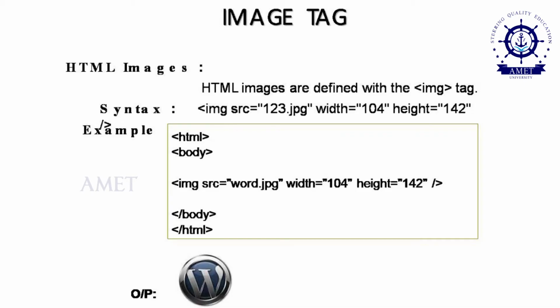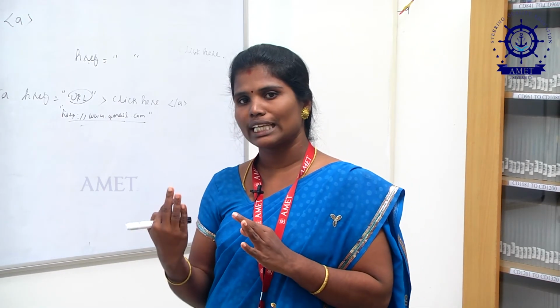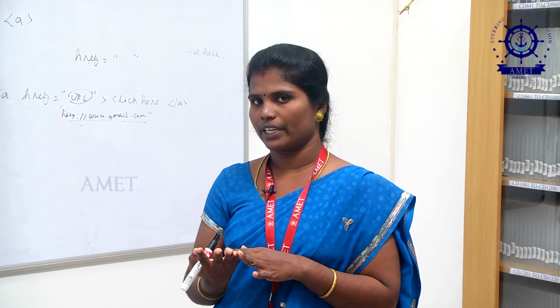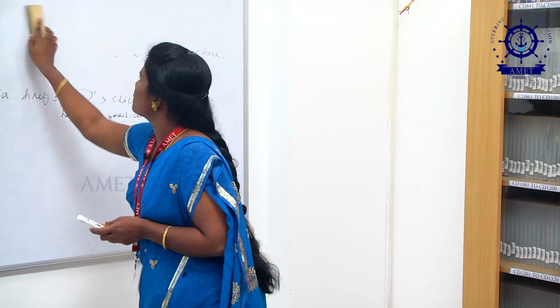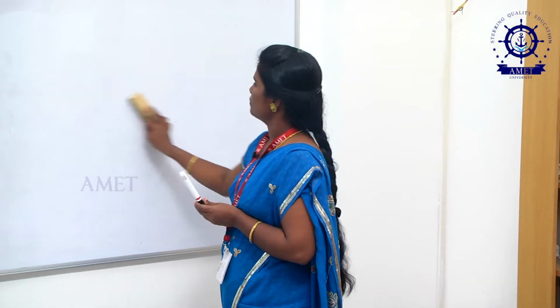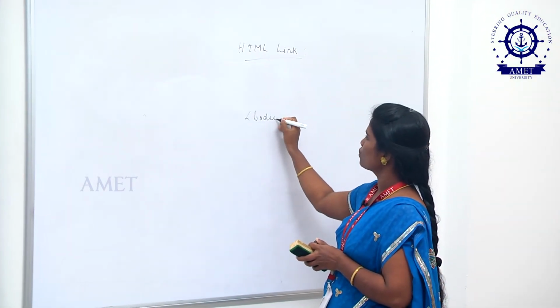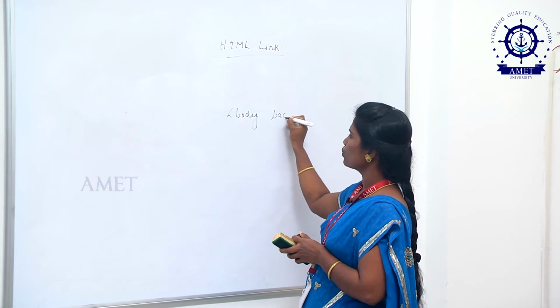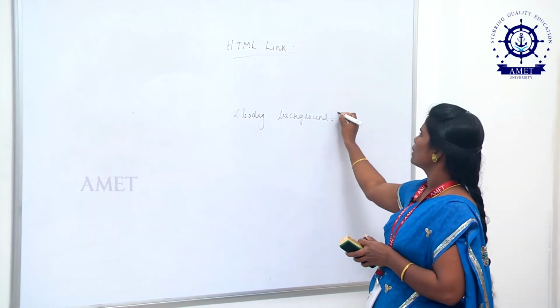Next we are going to see how to insert an image on your web page, not on the background of your web page. We have seen that inside the body you have used the attribute background within double quotes.